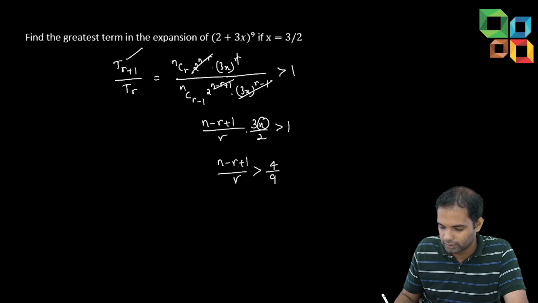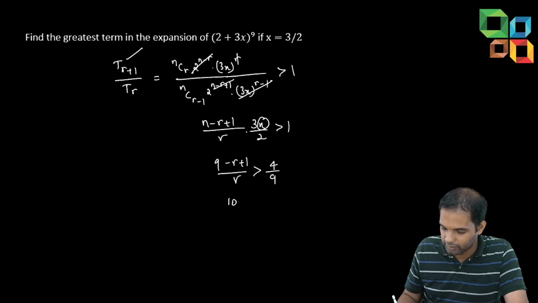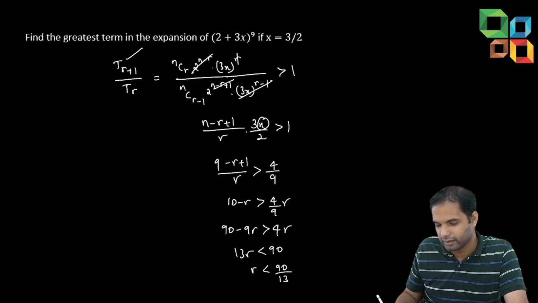Now we know n also. What is n? n is 9. So let me just replace n by 9 and simplify. So 10 minus r is greater than 4 by 9 r. Multiplying, 90 minus 9r is greater than 4r, or say 13r is less than 90. So r must be less than 90 by 13.